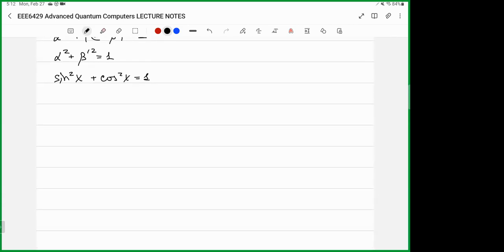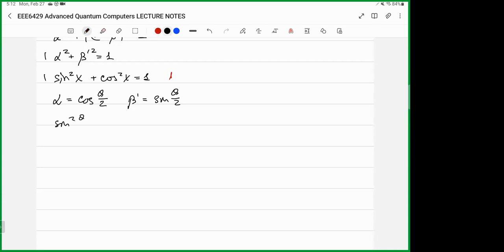Comparing these two, we conclude that if we, for example, assign alpha to be equal to cosine of theta over 2 and beta prime to be sine of theta over 2, then this trigonometric equation is satisfied, right?